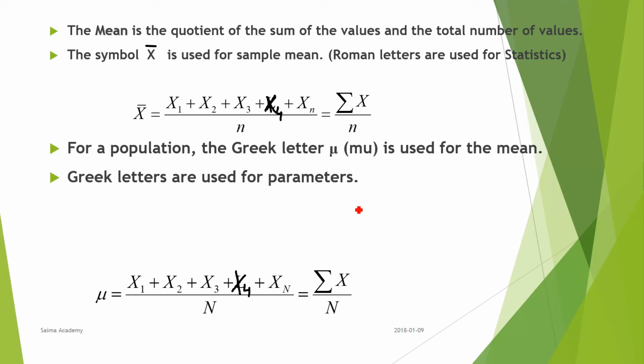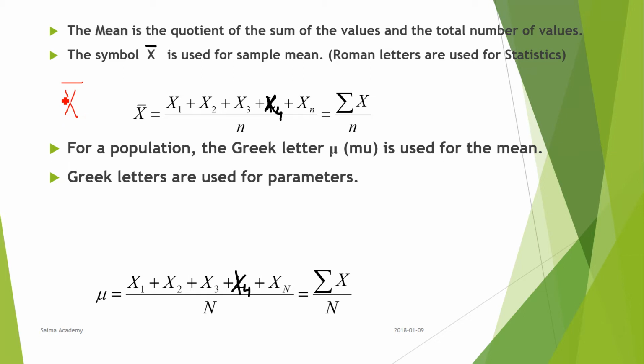So here we will discuss the formula for the mean. If you want to calculate the mean of a sample, then you have to use x bar. This is called x bar.